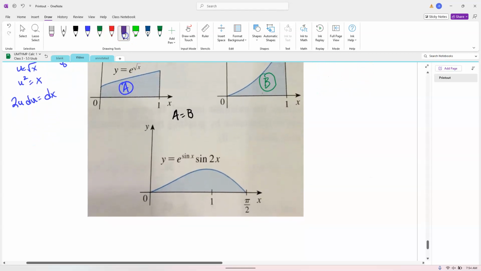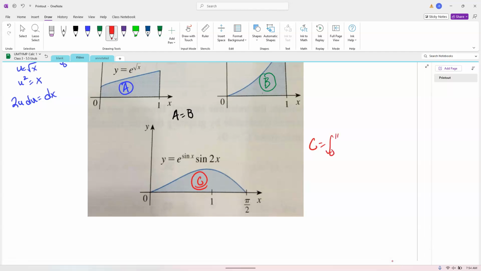Next, our last one, I'll do this in red, so this is C. Okay, let's see what this is going to be. So this is going to be 0 to pi over 2 e to the sine x times sine 2x dx. Okay, well, you're probably thinking that if we do u sub, u is going to be sine x, right?